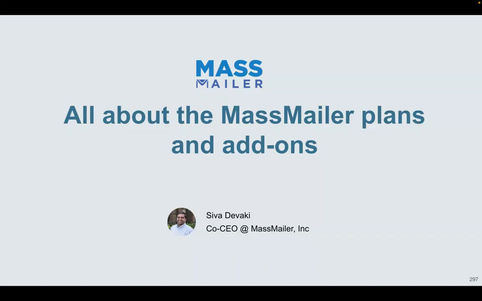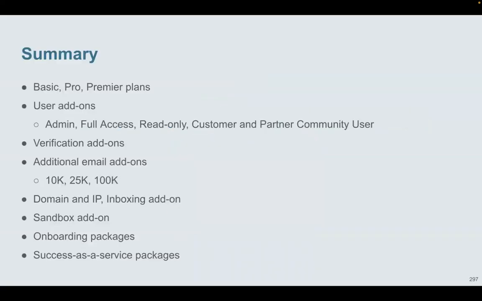Today I'm going to talk about various plans MassMailer offers and also some of the add-ons that we support as well. I want to go a little bit in detail because I keep getting a lot of questions on the same. So I'm going to talk about the plans first that we have, Basic, Pro, and Premier.